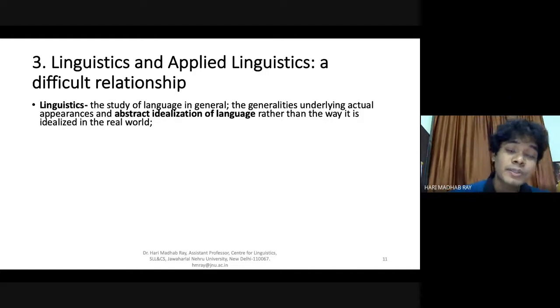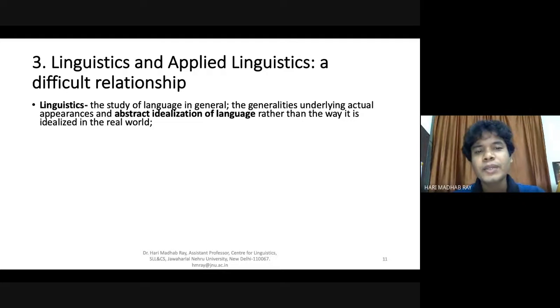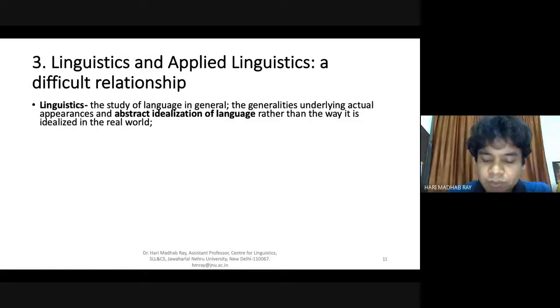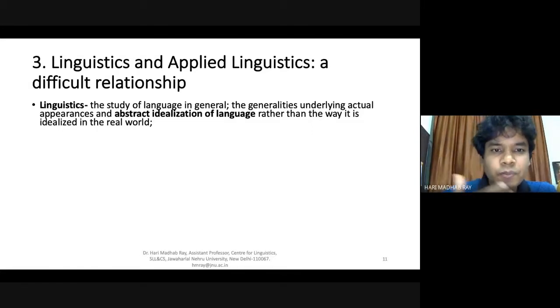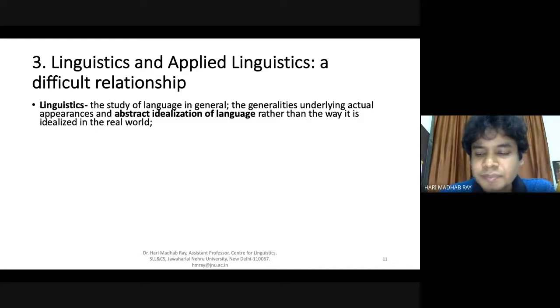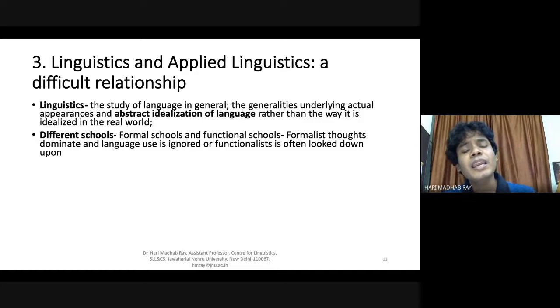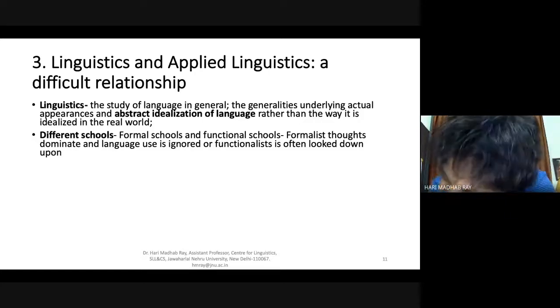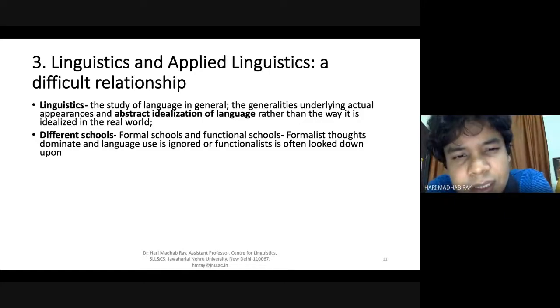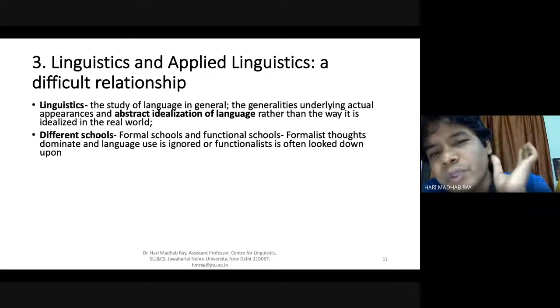So they are not mainly looking at the real world, but rather going into some kind of intuitive level, and trying to make a generalized theory on the basis of whichever data. Now if you look at the schools, especially in linguistics, there are mainly two dominant schools.